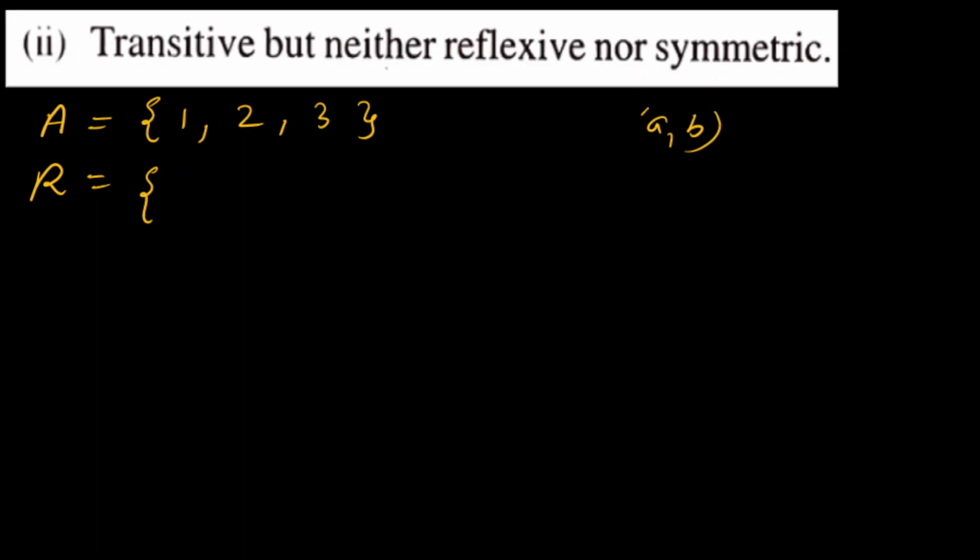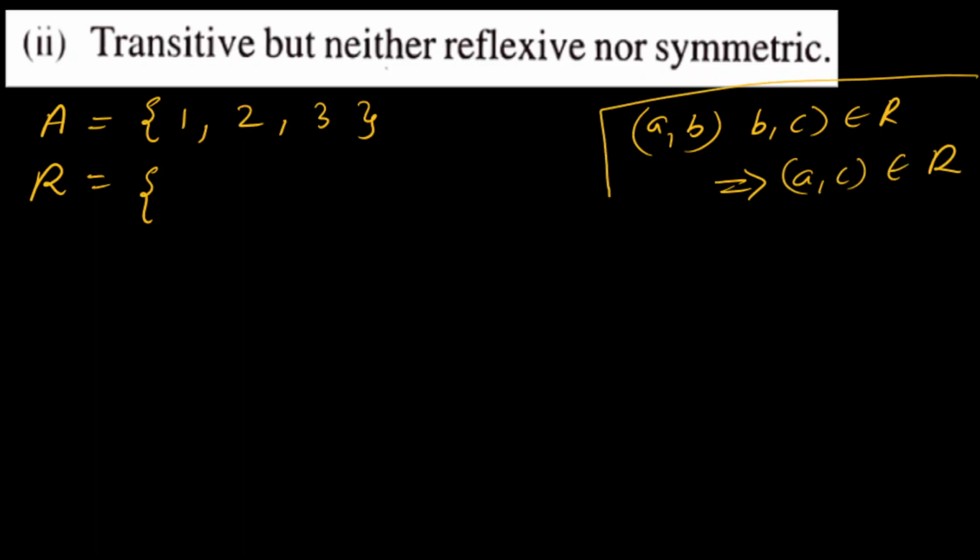Let's do the next one. In the second part, we have to give an example of a relation which is transitive but neither reflexive nor symmetric. From the same set A with elements 1, 2, 3, I'm defining one relation. The transitive relation definition we know: if (a, b) and (b, c) belong to R, it implies (a, c) should also belong to R, and this should be true for all ordered pairs.